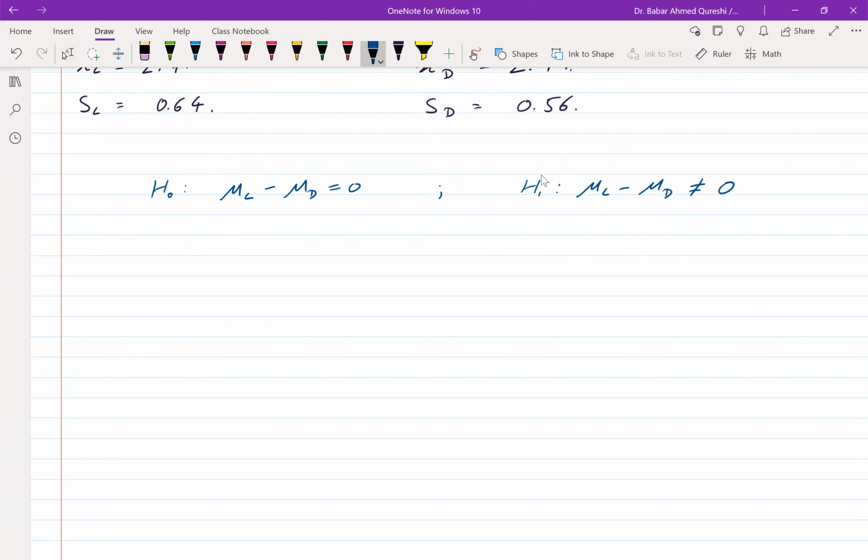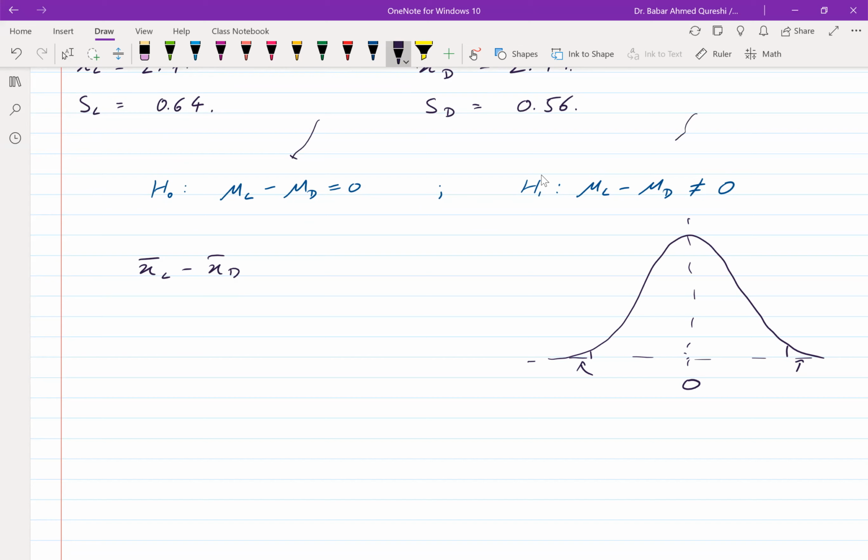So that means this variable which they are going to create based on the difference of the samples is going to have a normal distribution and they're expecting it to be centered around 0. So if they see a number which is very large or very small, in both cases they reject this hypothesis and accept this, that the GPAs of the two groups are not the same.